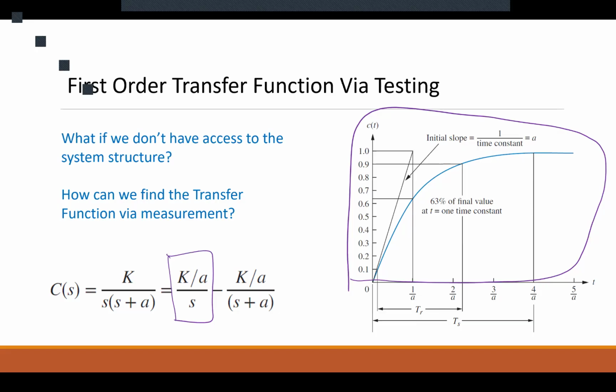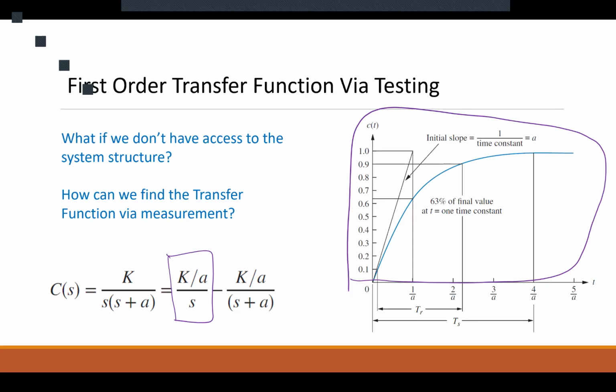This is the forced response that we talked about. And you are going to have another term in the first order that is related to the transfer function itself. Are we good? So let's look at this. We know by the shape that it is first order, because it's just one exponential.